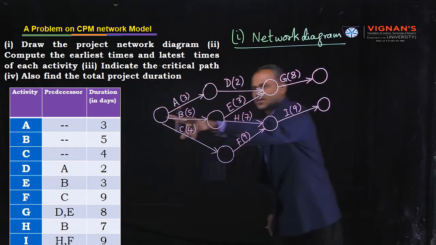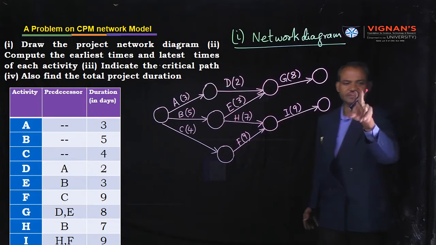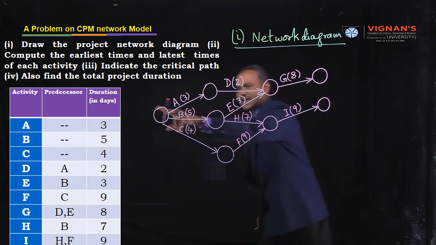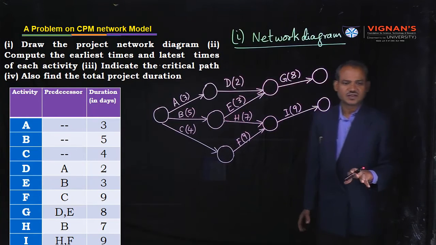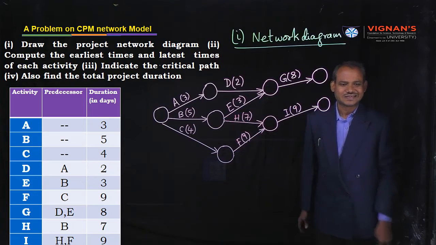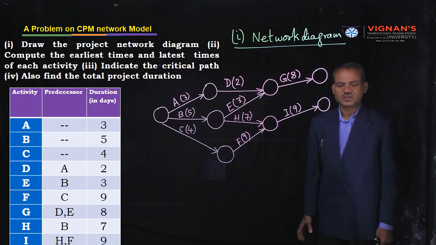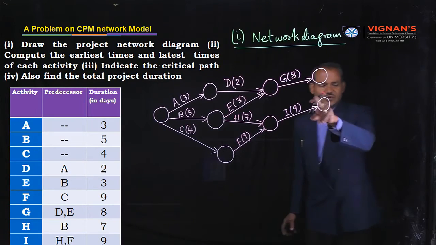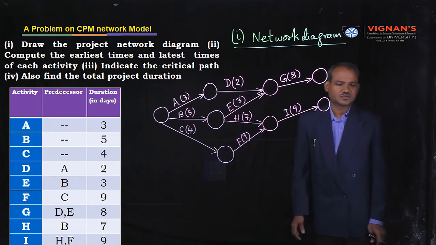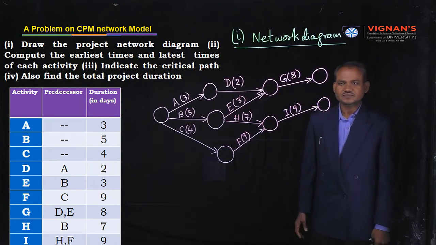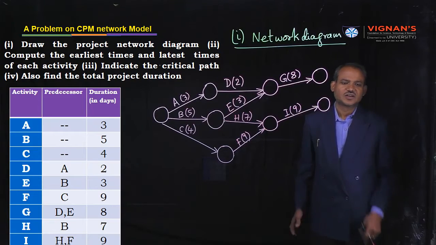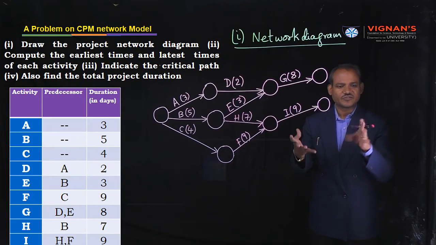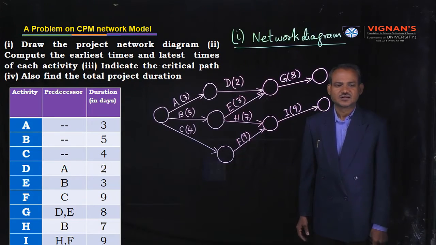From that node, arrows are leaving, but no entering arrow is there. Therefore, that is known as the starting node. Next, coming to the final node for the entire network, there is no ending node or final node. How to resolve this?